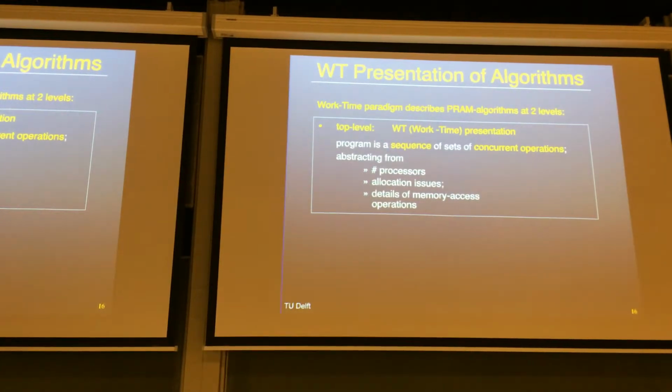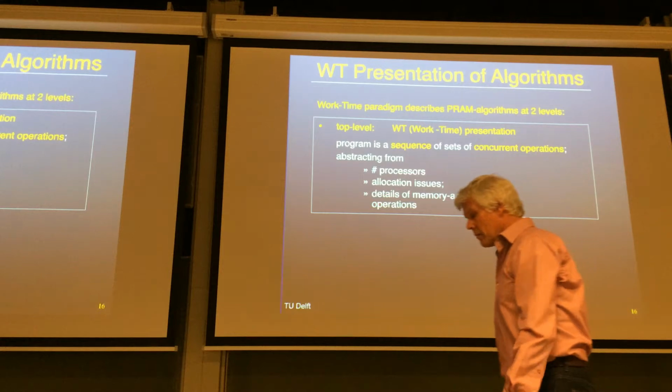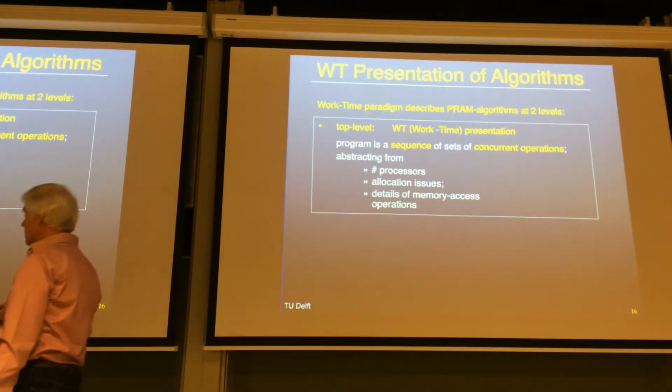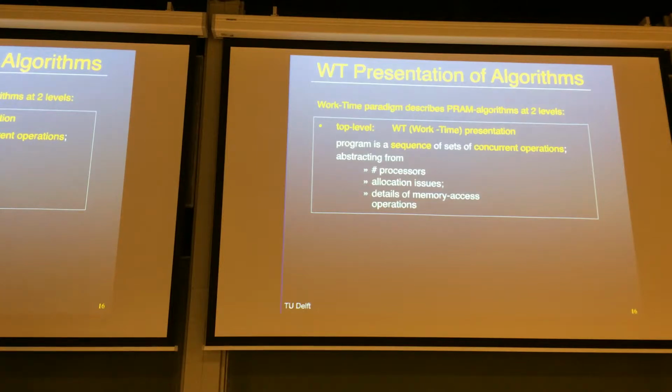What's important is that the details about the implementation are completely invisible. So you don't have to bother about the number of processes. You assume simply that there are enough of them. You don't have to deal with any of these nasty allocation issues, and you don't have to worry about details of memory access operations.